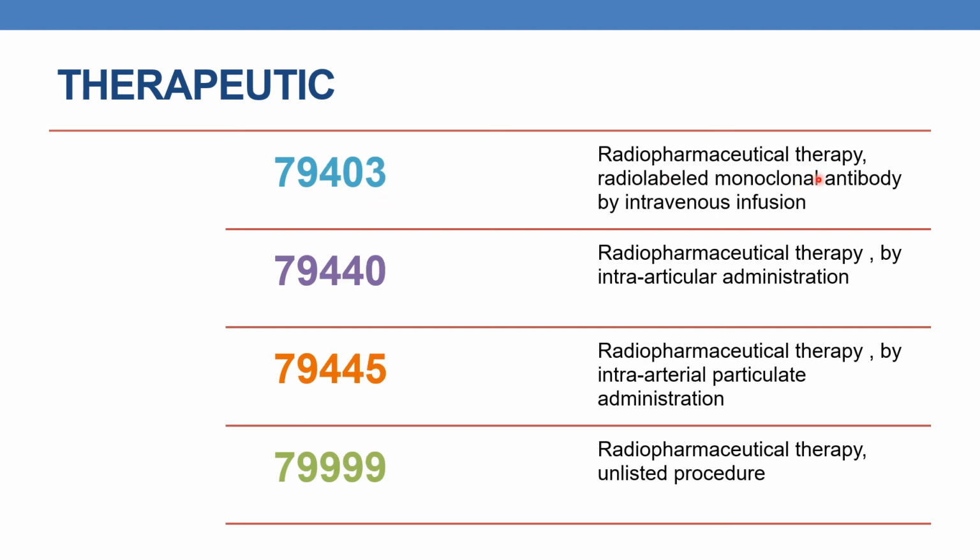It deals with radiopharmaceutical therapy, radio-labeled monoclonal antibody by intravenous infusion. The next is 79440. It deals with radiopharmaceutical therapy by intraarticular administration. The next is 79445, radiopharmaceutical therapy by intraarterial particulate administration. The next is 79999. It deals with radiopharmaceutical therapy unlisted procedure.